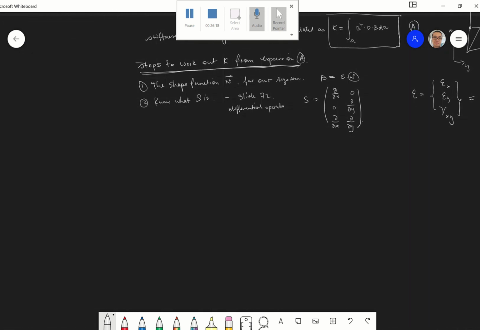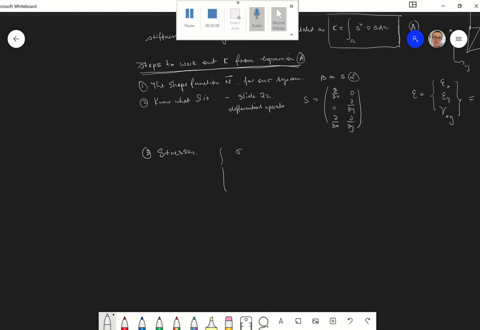And then finally, we have the stresses. What we need is basically the stress. Again, we have three components in the 2D system.